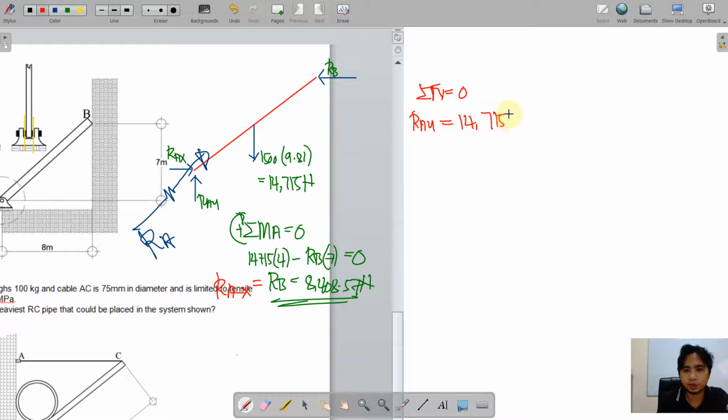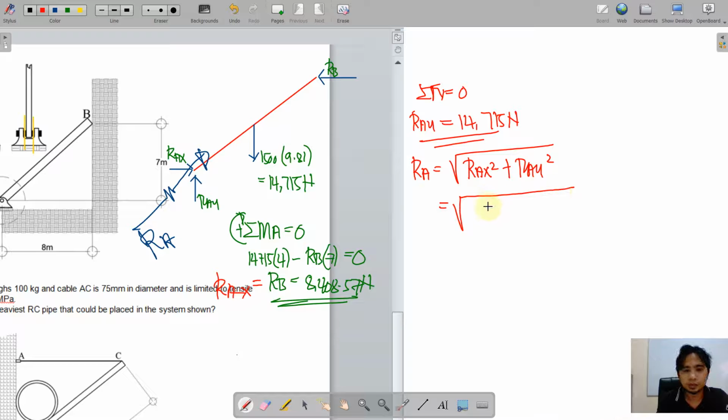14,715 newtons. Okay. So now that we have RAX and RAY, therefore RA is the square root of RAX squared plus the vertical component squared. Okay, so we substitute 14,715. This is squared plus 8,408.57.